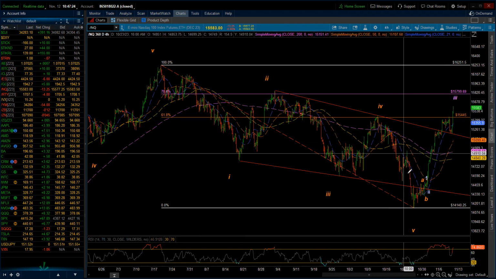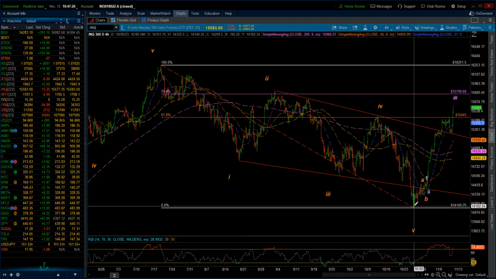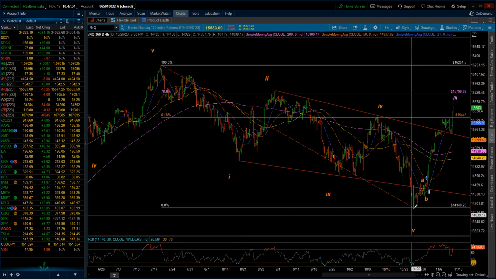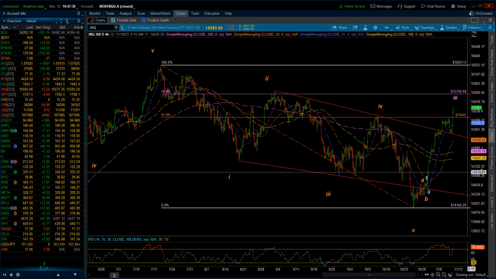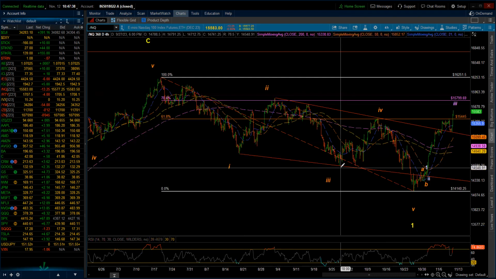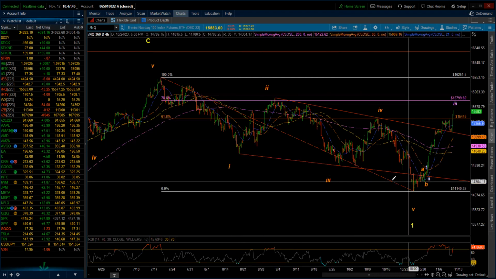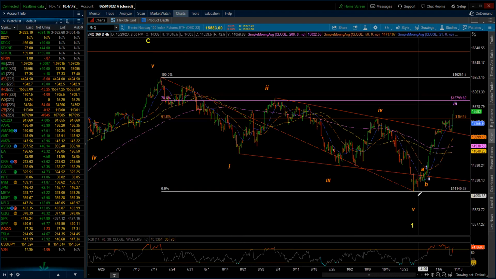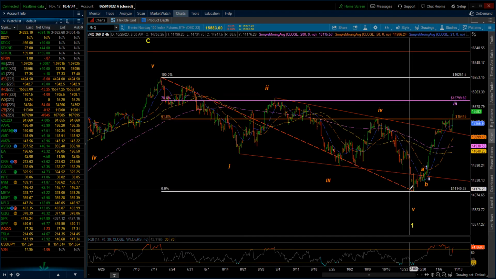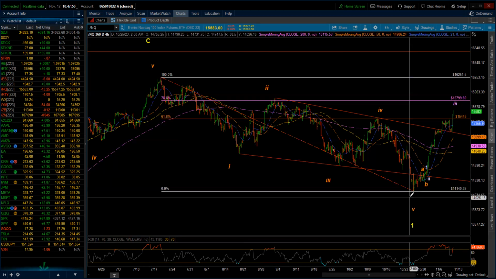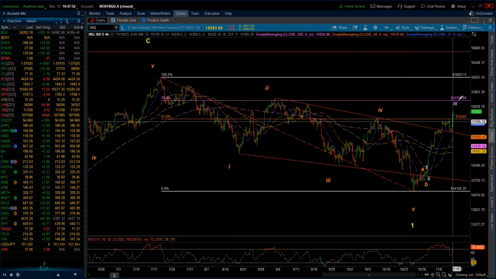Wave 5 did what one of the guidelines tells us it should do. It breached the line of 3 and 1. And that fit. What does a market normally do when it comes out of a triangle? Launches. Took it a minute, but it launched.